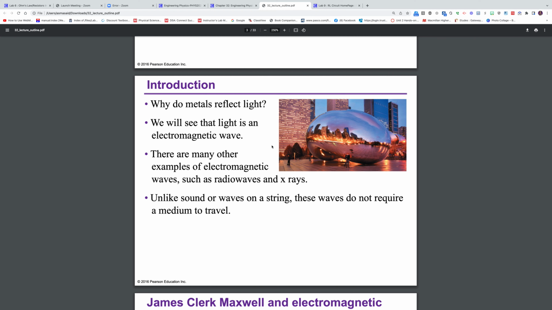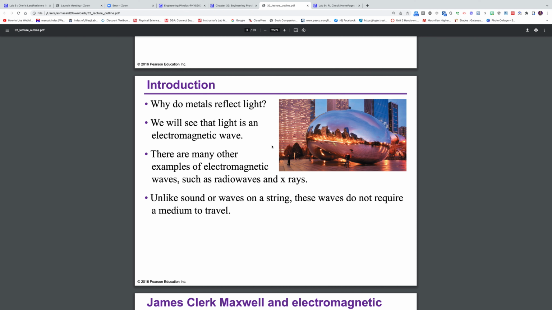And when we say light, most of the time we are referring to just that narrow band in the visible range. There are many other examples of electromagnetic waves, extending from radio waves, microwaves, X-rays, gamma rays, UV, ultraviolet, and infrared.